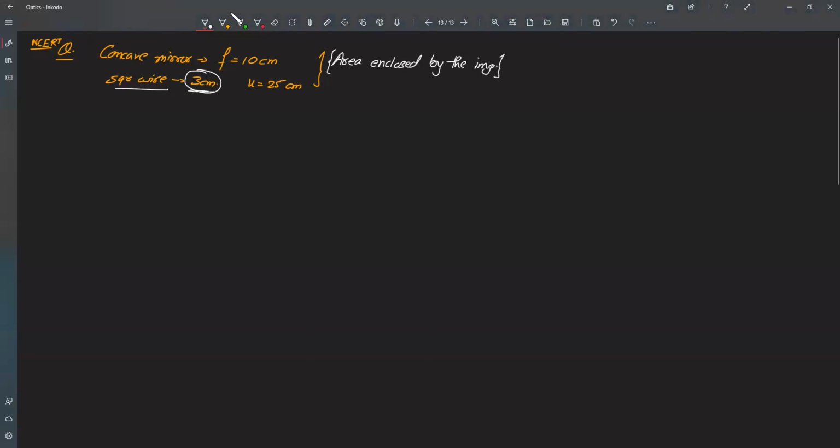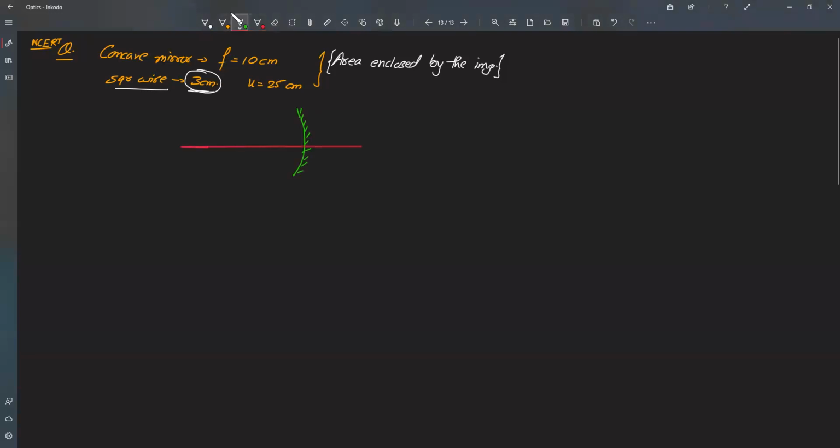So I find it for each side as an object. Whatever magnification one side experiences will be there in all the sides. What if the object is up and down? When you're finding the upper side of the square, that will decrease, right? Will the magnification still be the same?